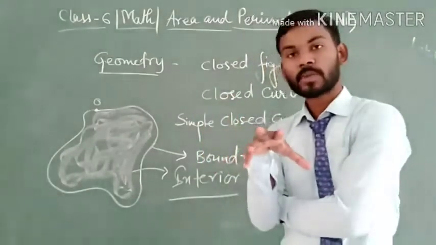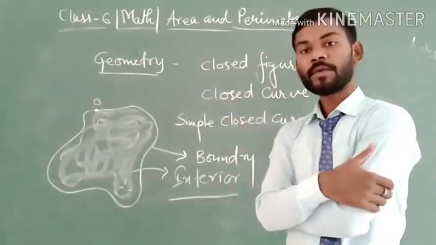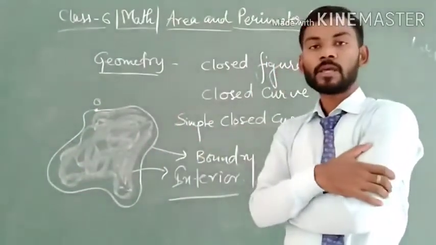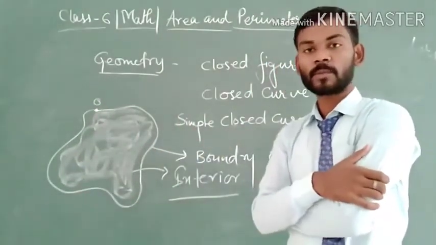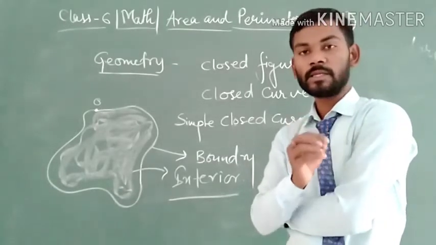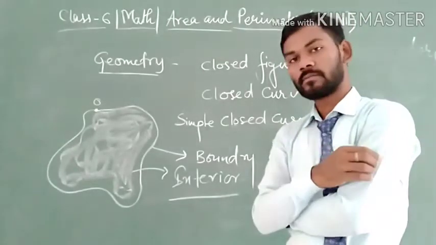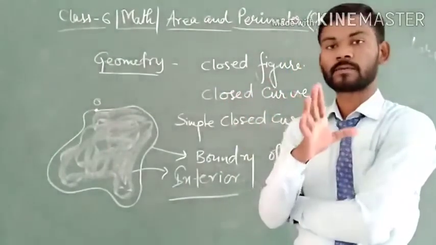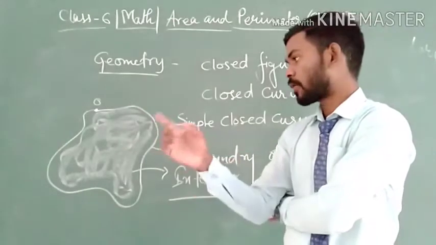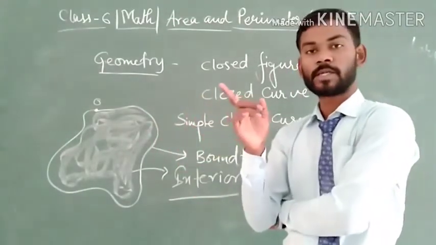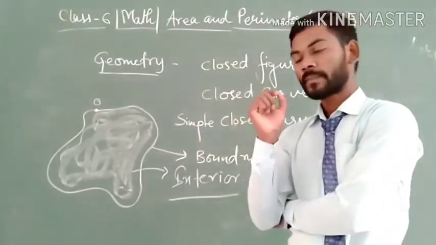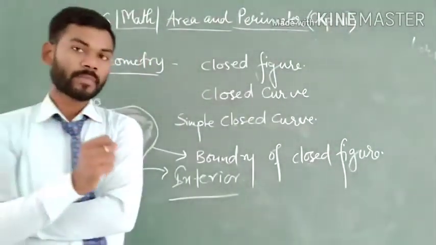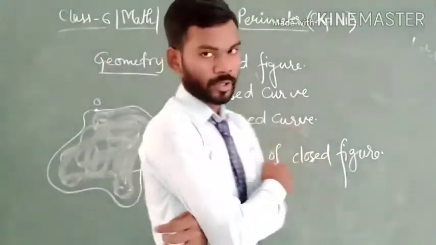If we measure the length of the boundary in any process, then this boundary becomes known as the perimeter.